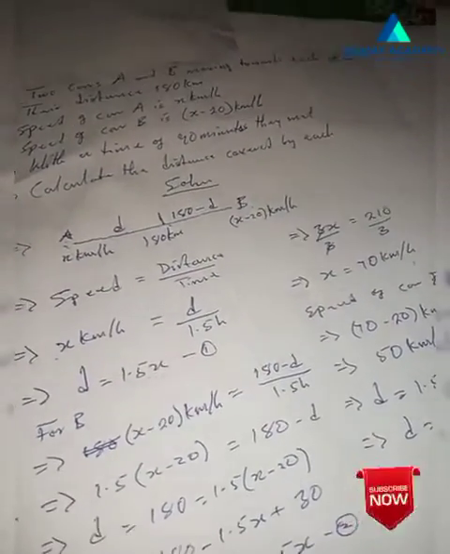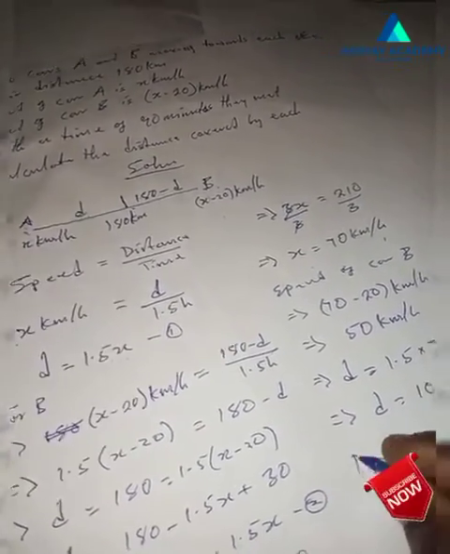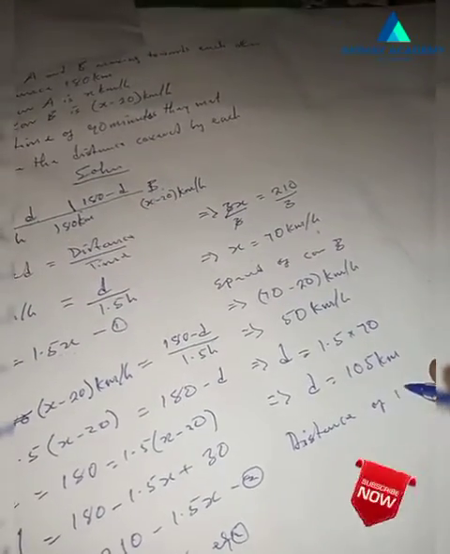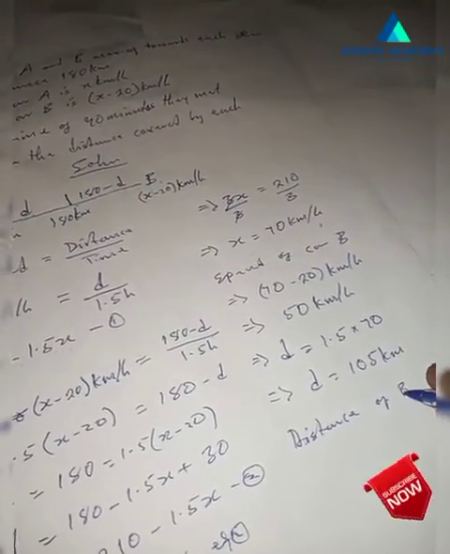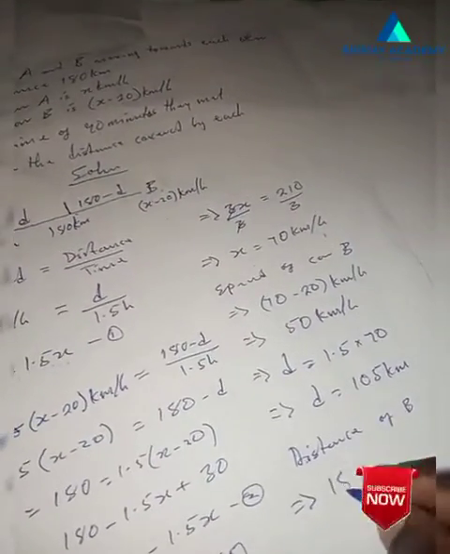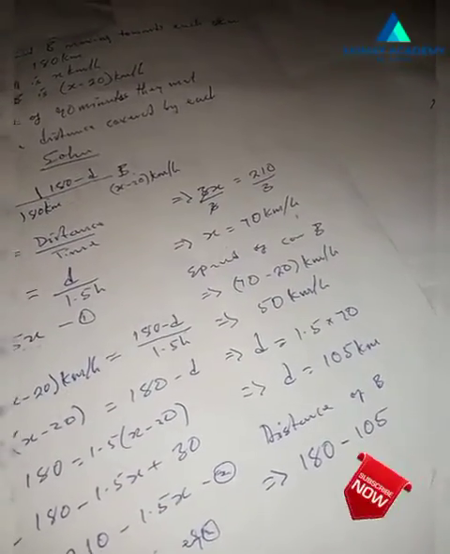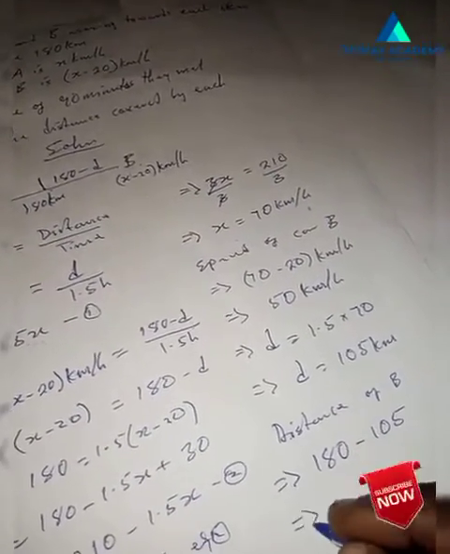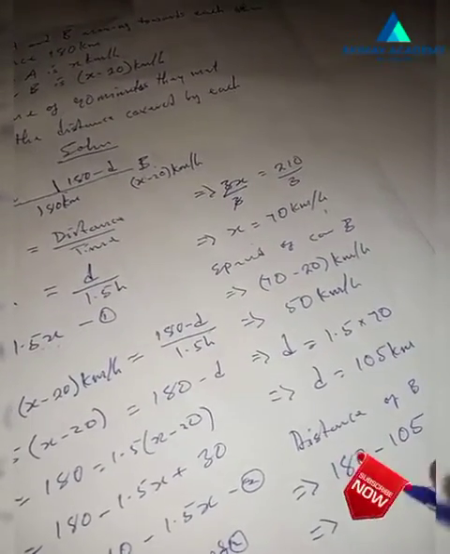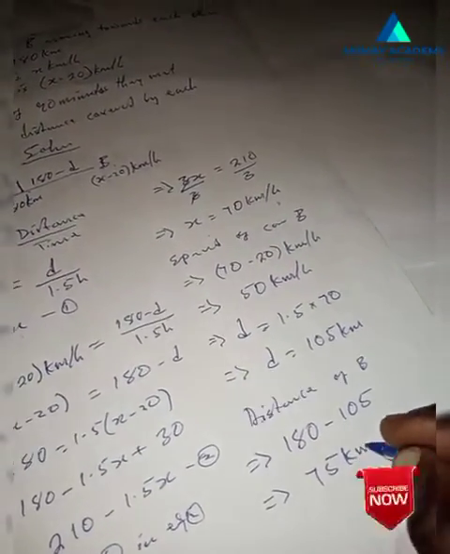So we take the distance covered by B. We have 180 minus 105, and this is going to give us 75 kilometers.